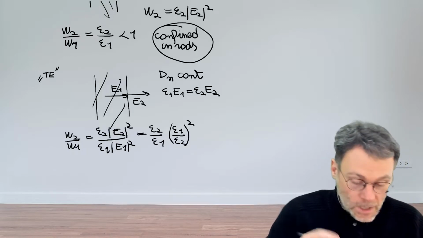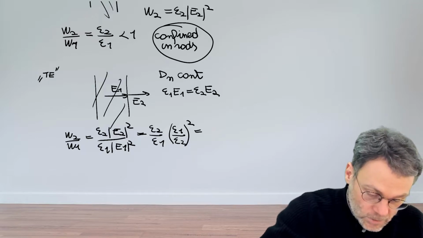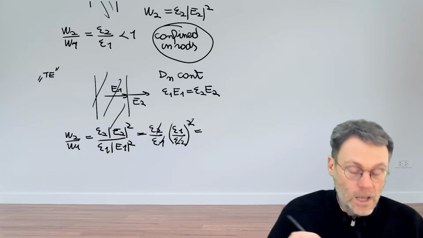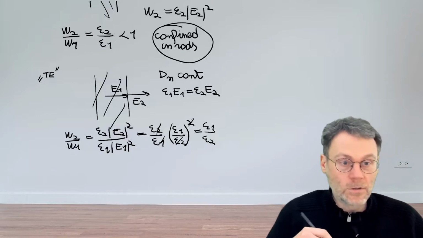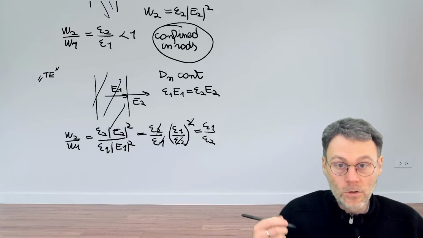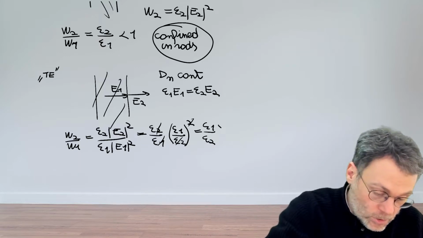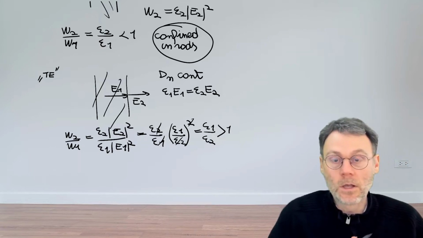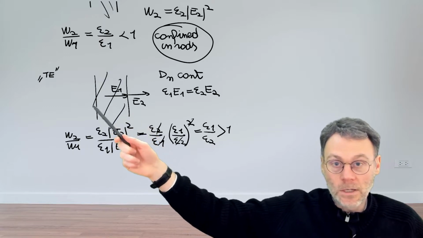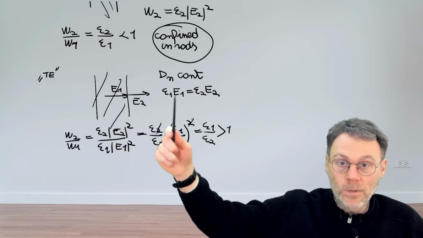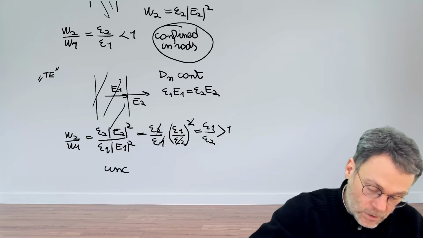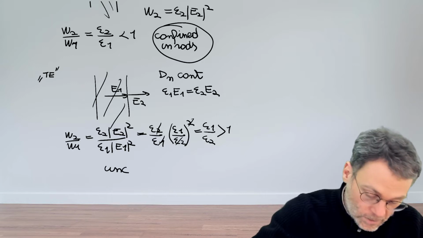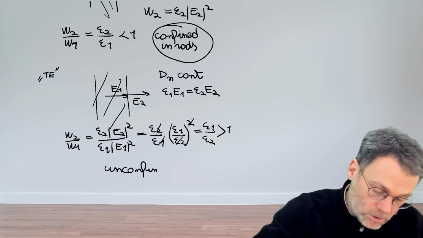So now, in this case, the ratio flips. If you just simplify this, the ratio is actually epsilon 1 divided by epsilon 2. And in this case, it's not a number smaller than 1, but it's a number bigger than 1. So now we're no longer in a situation where the field is very much concentrated in the rods. Most of the field will actually be between the rods. So here we're dealing with an electric field which is not very confined. So let's call that unconfined.